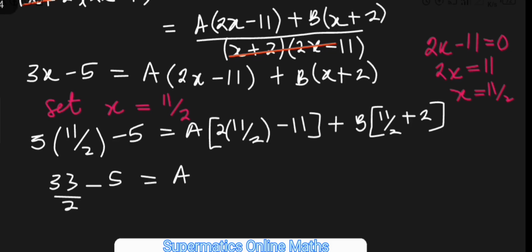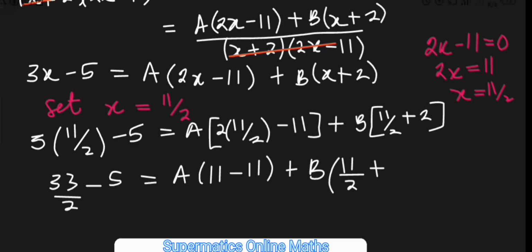On the right hand side, we have A times (11 - 11), as 2 times 11/2 is 11, and B times (11/2 + 2). 33/2 minus 5 gives 23/2. 11 minus 11 is 0 times A, which means that A is eliminated, and 11/2 plus 2 is 15/2, which gives 15/2 B. And since we have 2 in both denominators, we can cancel them out.